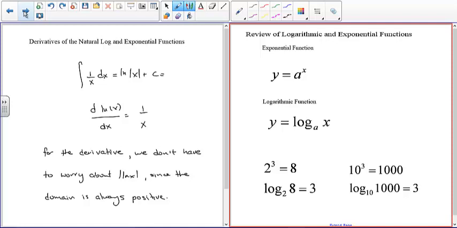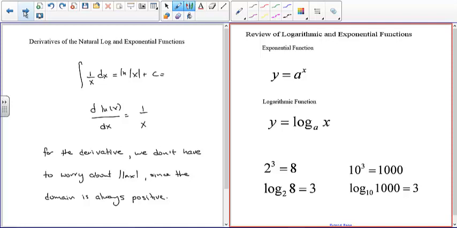The corresponding logarithm equation says that the log to the base 2 of 8 equals 3. Likewise, if you take a different base, 10, and you raise it to the 3rd power, that means 10 times 10 times 10, which is 1,000. The corresponding logarithmic expression says the log to the base 10 of the number 1,000 is 3.